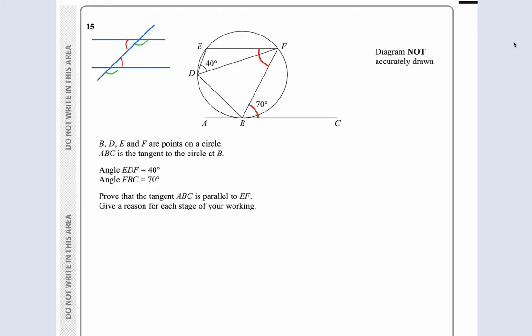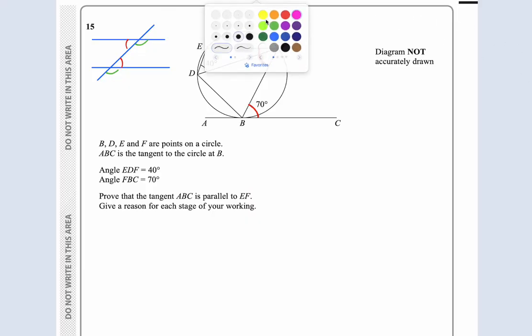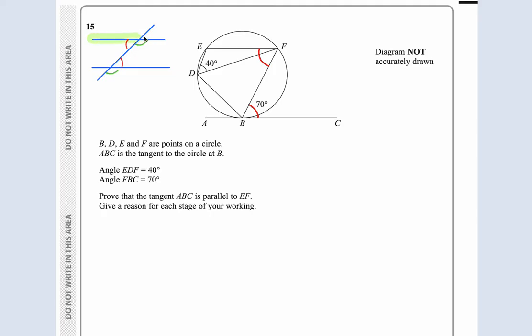Look, it's my Z. I have a Z here. Those two red angles are equal, and I have a similar Z here, and these two red angles are equal. So if I can show that this angle here is 70 degrees, I have proven that they're parallel. Okay, let's try and do that.